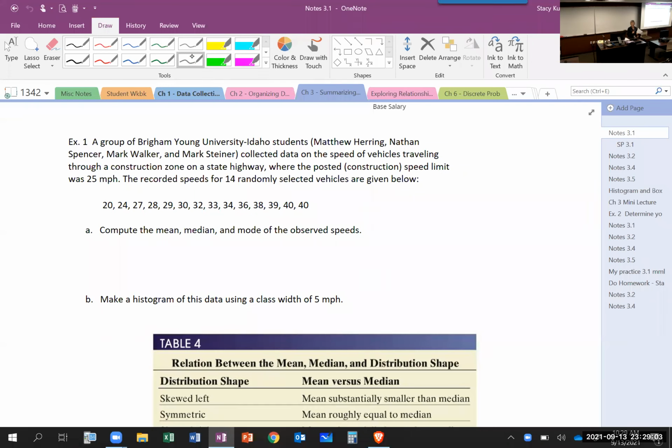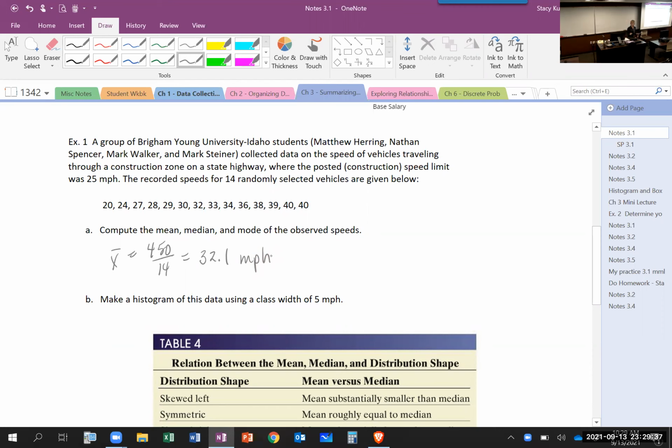I'm going to use X bar because this is a sample of 14. This doesn't represent the population of speeds. So X bar is going to be equal to, and Michael, you said 450 was the sum, is that right? And then somebody else told me that the average speed was 32.1. Do we agree with that? Miles per hour. Okay, so that's the average speed.